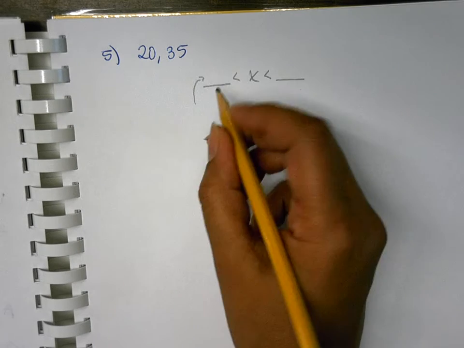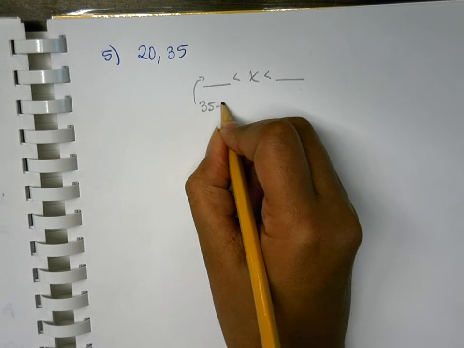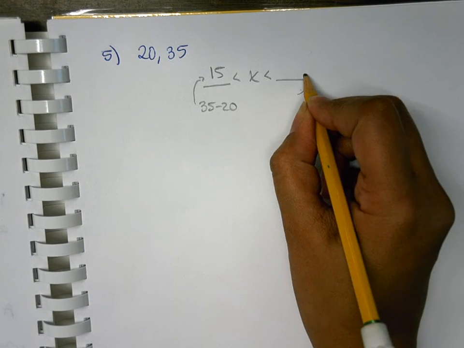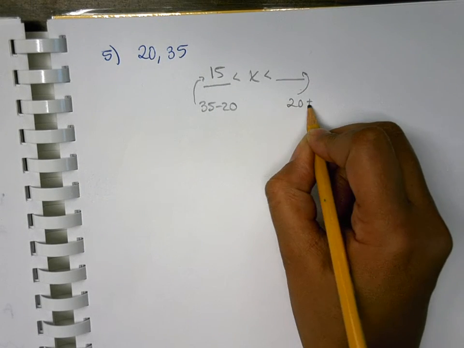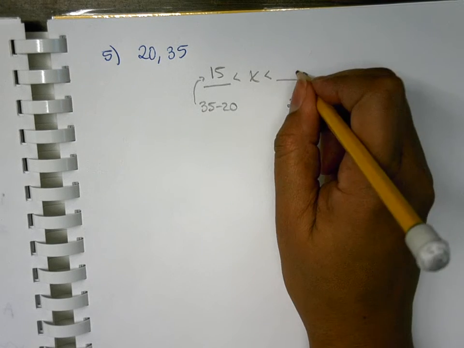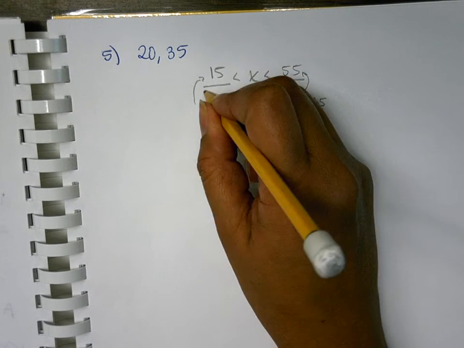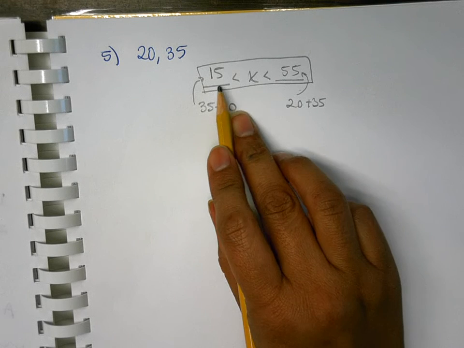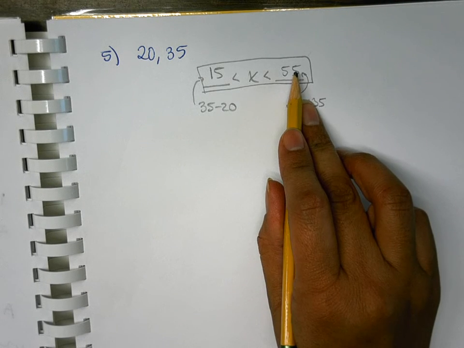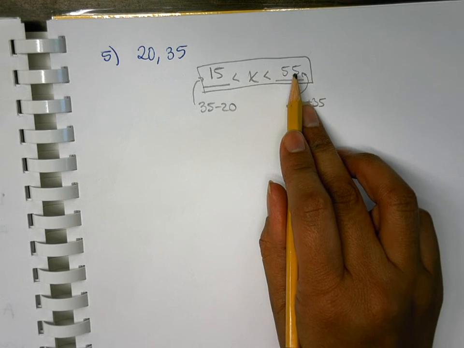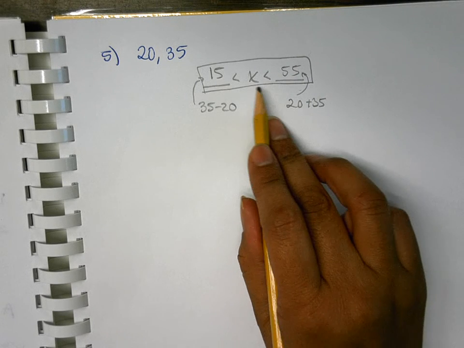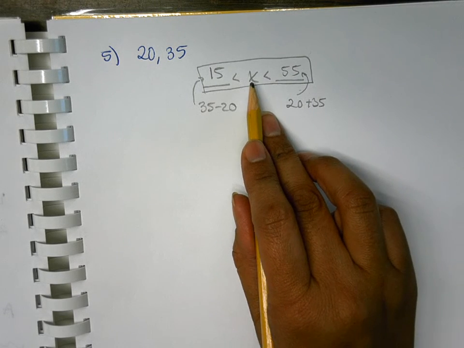Subtract. What's 35 take away 20? 15. And what do we do for the last one? Add. 20 plus 35 is what? 55. So my list of sides that would work has to be bigger than 15 and smaller than 55. Would 60 work? No. Would 55 work? No. 30? Yes. 10? No. All right, make sense?